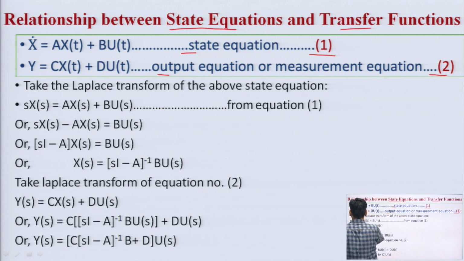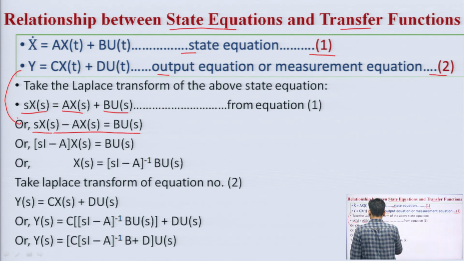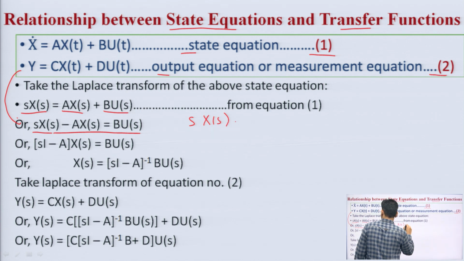Taking the Laplace transform, x dot, the derivative of x, can be written as s X(s) equals A X(s) plus B U(s). Just a little bit of mathematics: here s is a constant parameter. If I take X(s) common, you can say s X(s) minus A X(s).